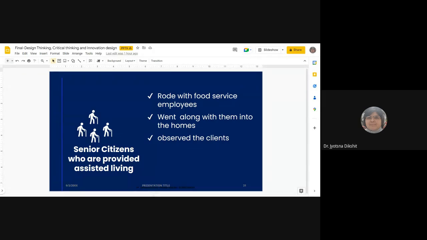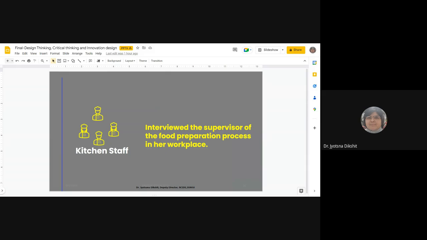They observed them while they were preparing the food or adding ingredients or setting the table, and finally, even while they were eating the meals. And they observed their behavior, what the needs were and what the preferences and styles were. On the other hand, they also interviewed the kitchen supervisor just to understand the food preparation process.